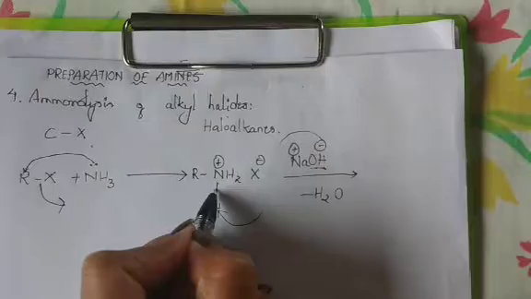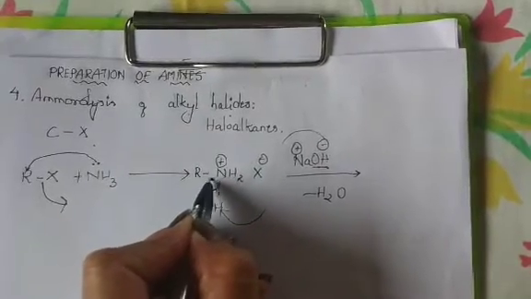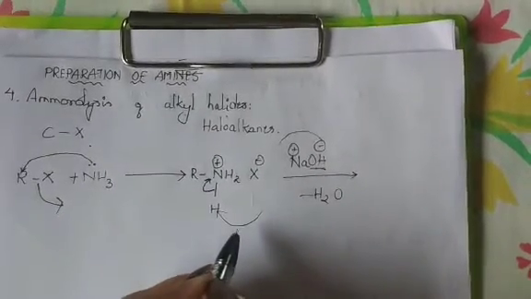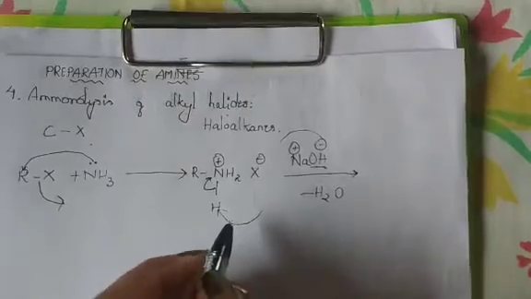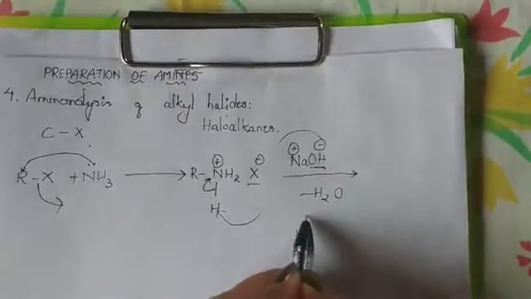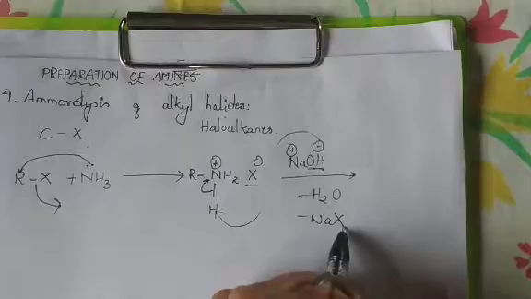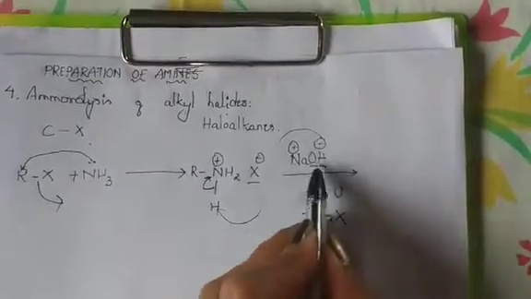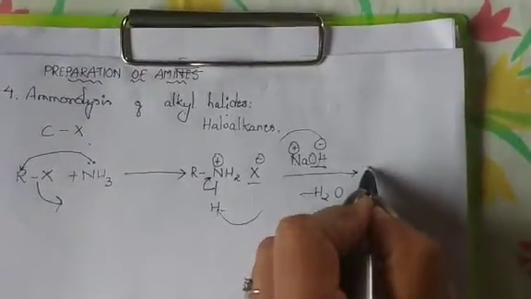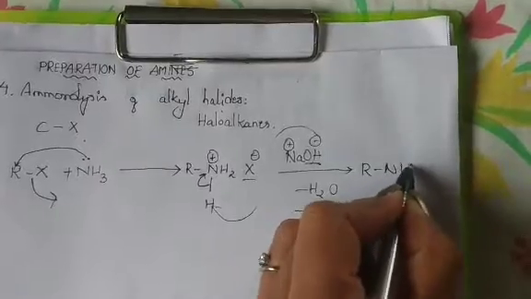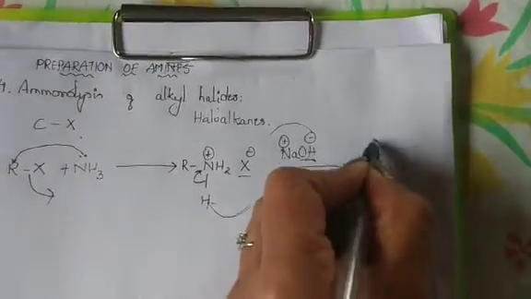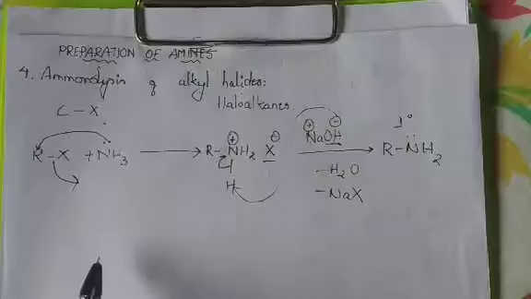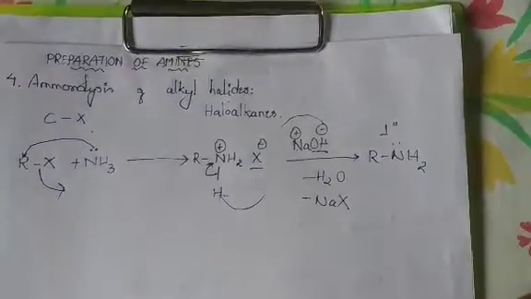The bonding electron pair then goes to the nitrogen atom, and the halogen leaves along with sodium. Therefore, there will be NaX along with the removal of water, and we would get RNH2, our primary amine. Thus, this is the ammonolysis of alkyl halides.